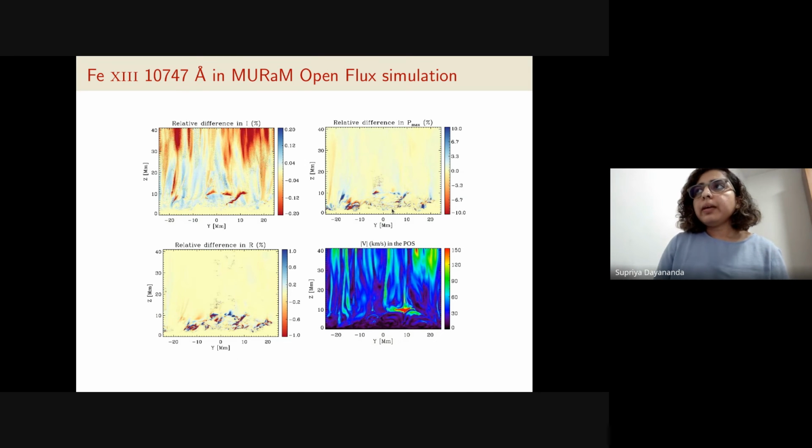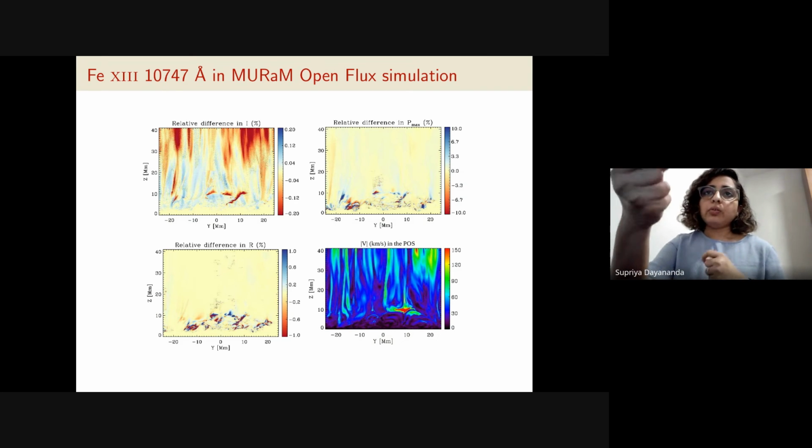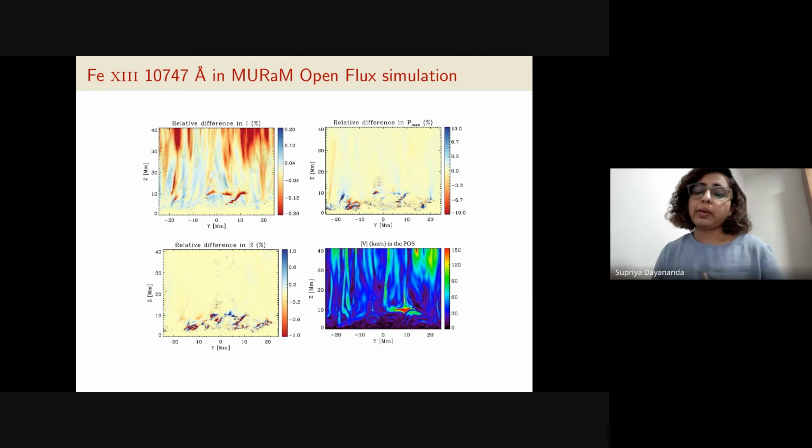It can also be that these Doppler dimming effects can cancel out when you are considering line of sight integration, because the fields are going to vary along your line of sight as well.